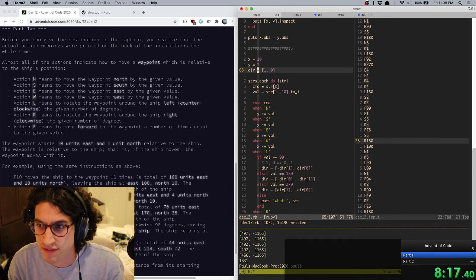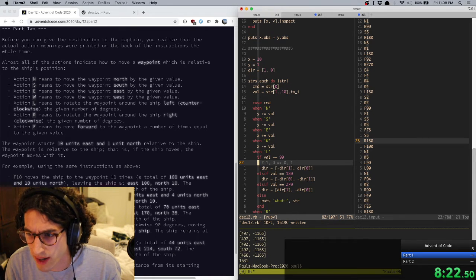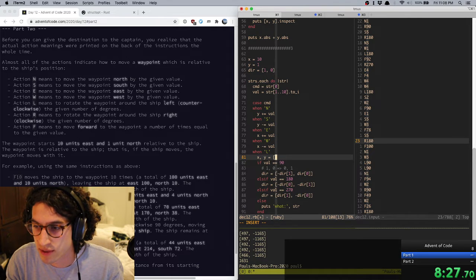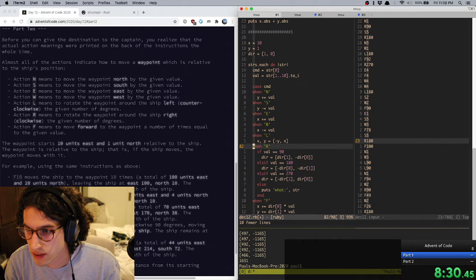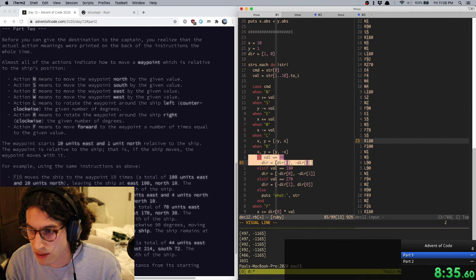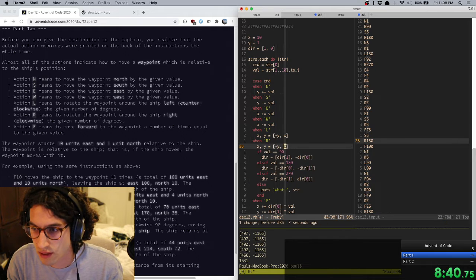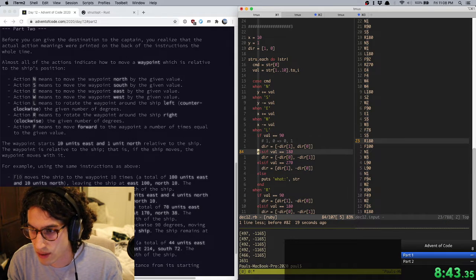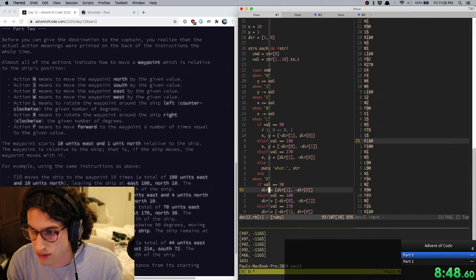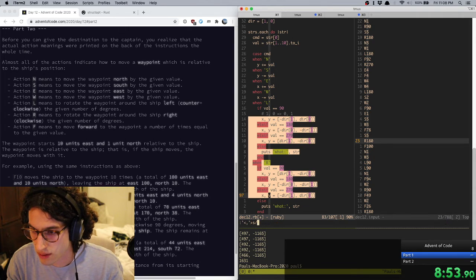Rotate the waypoint around the ship. So I think this is xy equals negative yx.